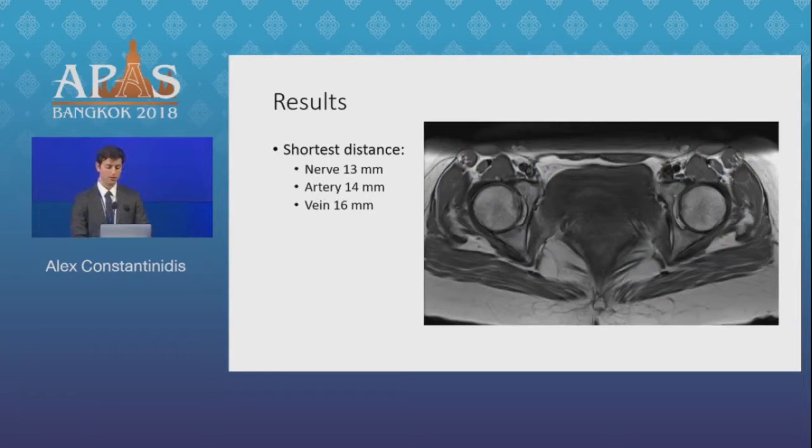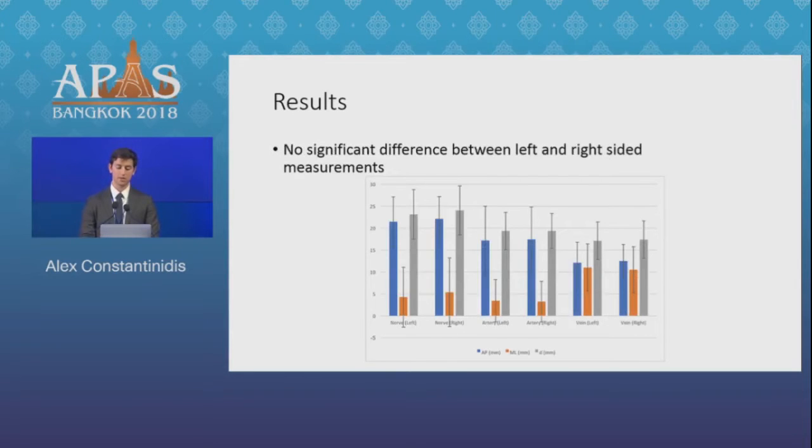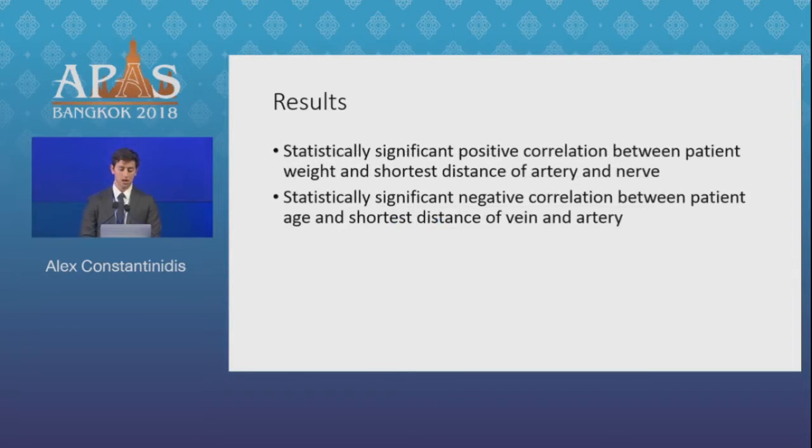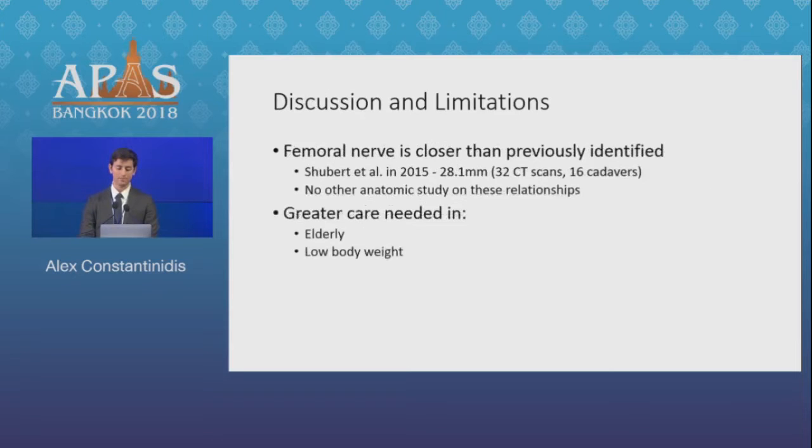Interestingly, we found the nerve had a shortest distance of 13 millimeters, the artery 14 millimeters and the vein 16 millimeters. There was no difference between left and right-sided measurements. We also found a statistically significant positive correlation between patient weight and shortest distance of artery and nerve, and a statistically significant negative correlation between patient age and shortest distance of vein and artery.